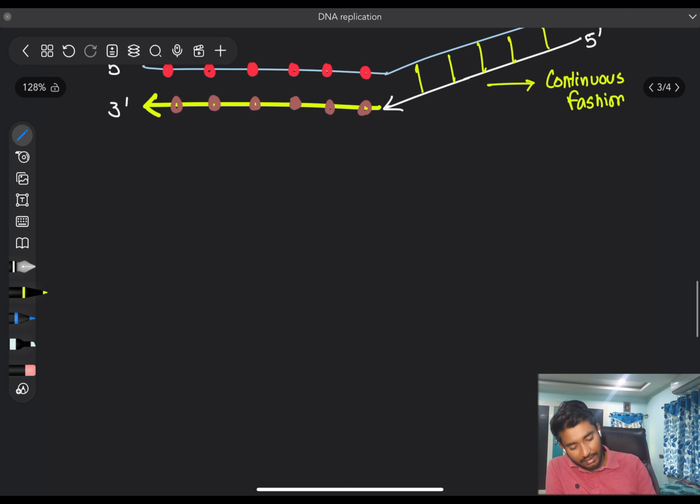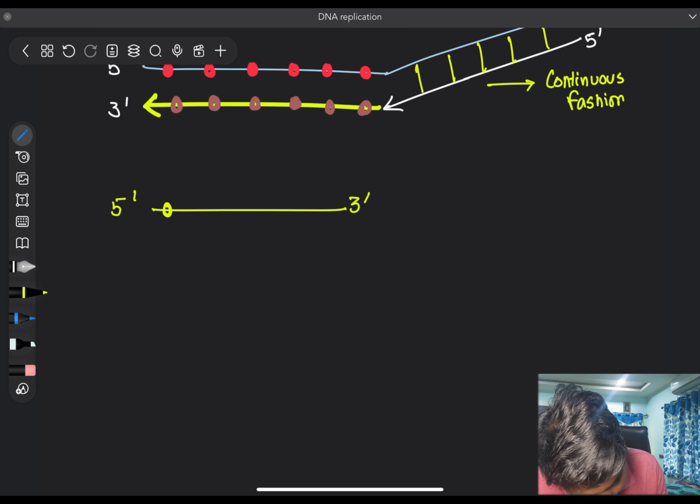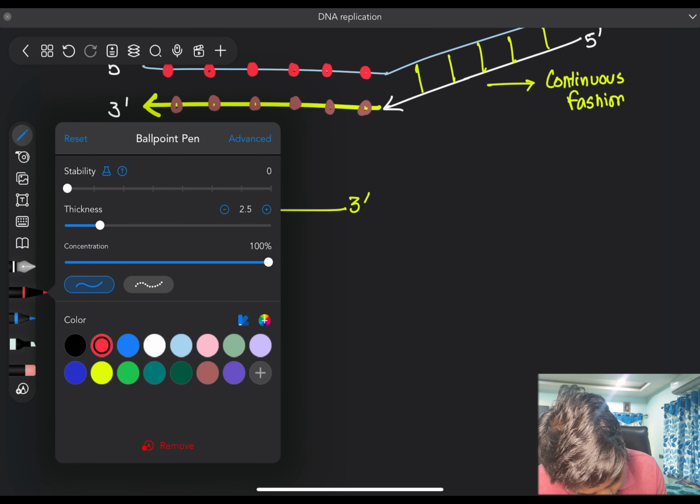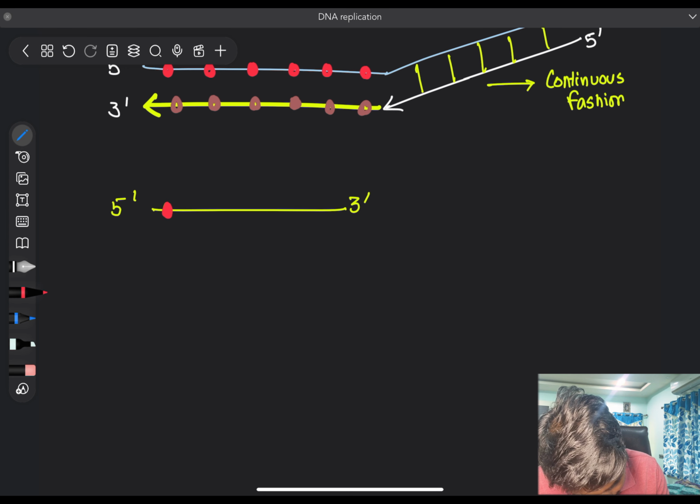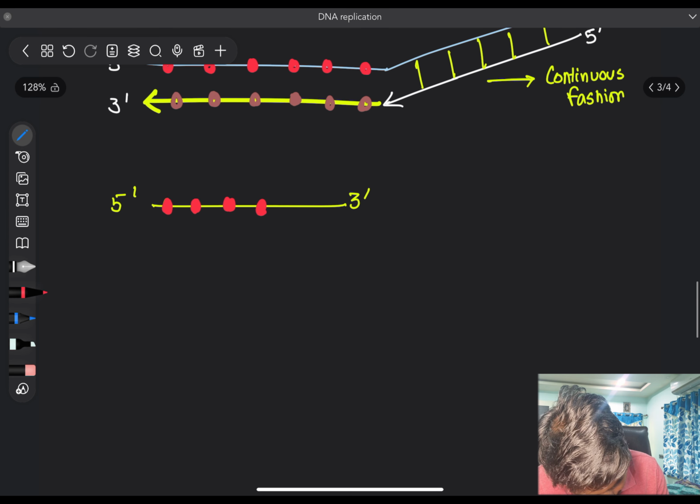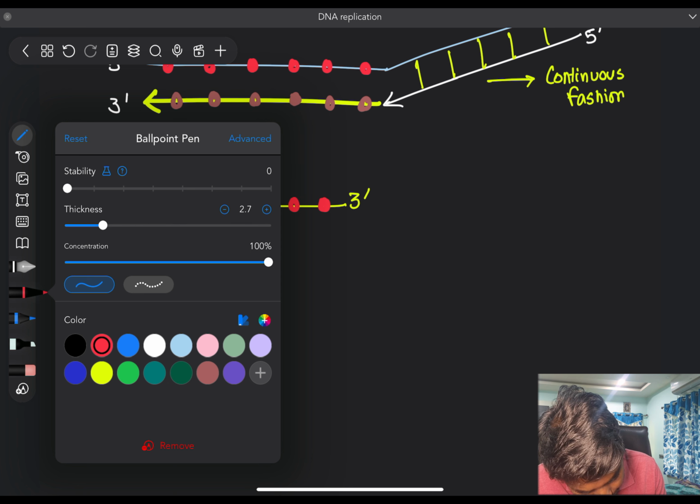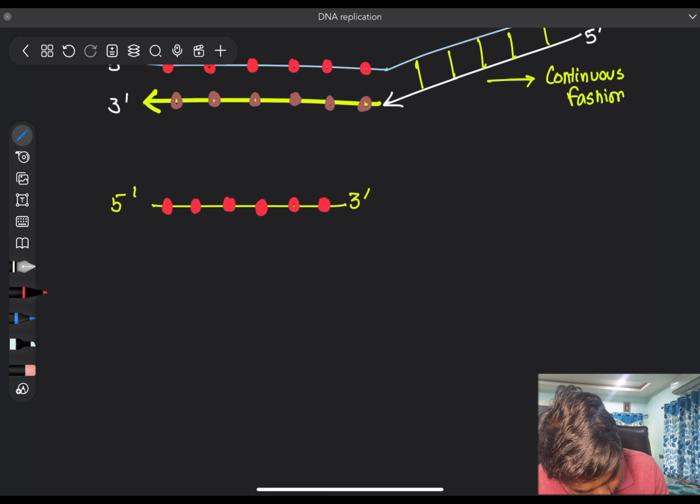Okay. The 5 prime to 3 prime, it is here. Here this fragment is called, with 3 prime OH, it is called the Okazaki fragment.